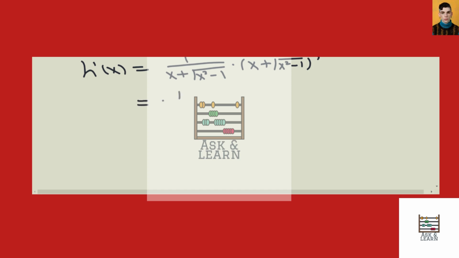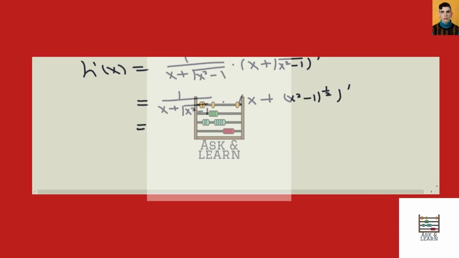So we have 1 over x plus square root x squared minus 1 times x plus x squared minus 1 to the 1/2 power, and then prime.